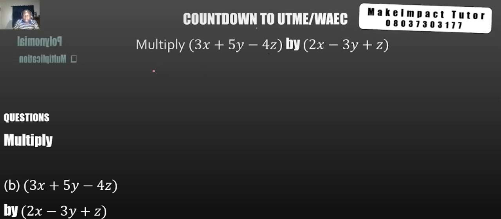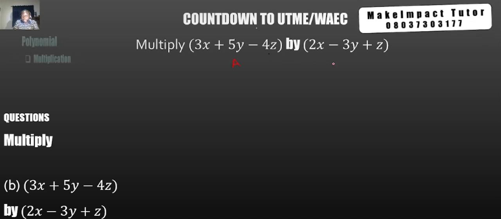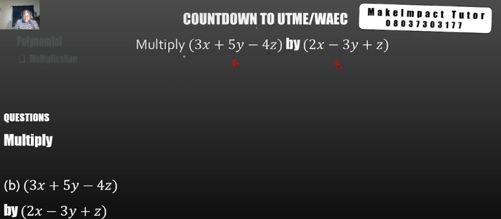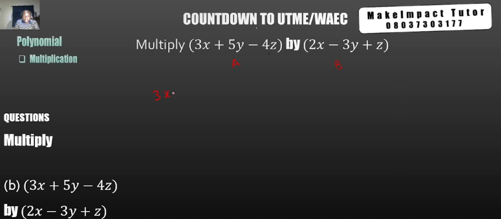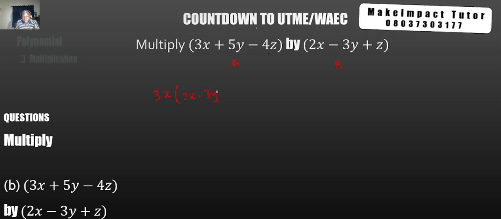So I'm going to pick every element in the first bracket and use it to multiply the entire second bracket. Let's start. The first element in the first bracket is 3x. So I have 3x times the whole of the second bracket, which is 2x - 3y + z.